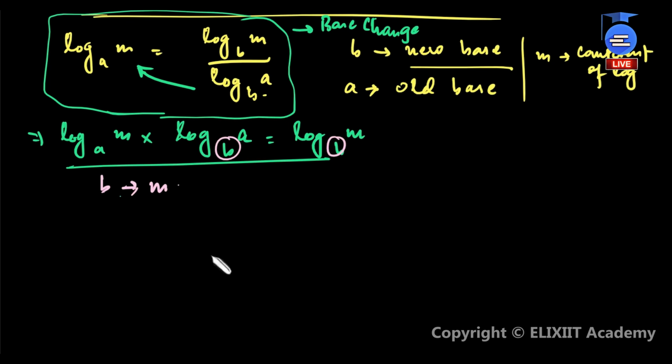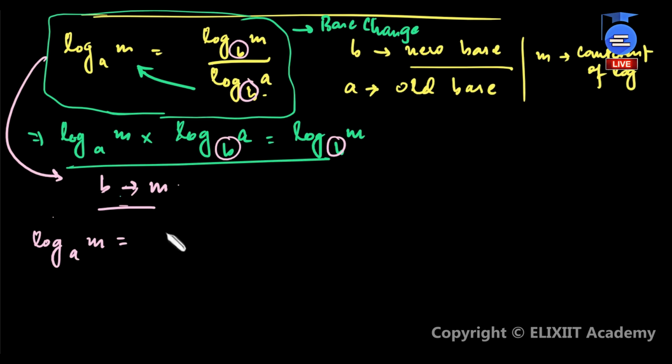So what we have is log m base a is equal to log m base m divided by log a base m, right? Clear?